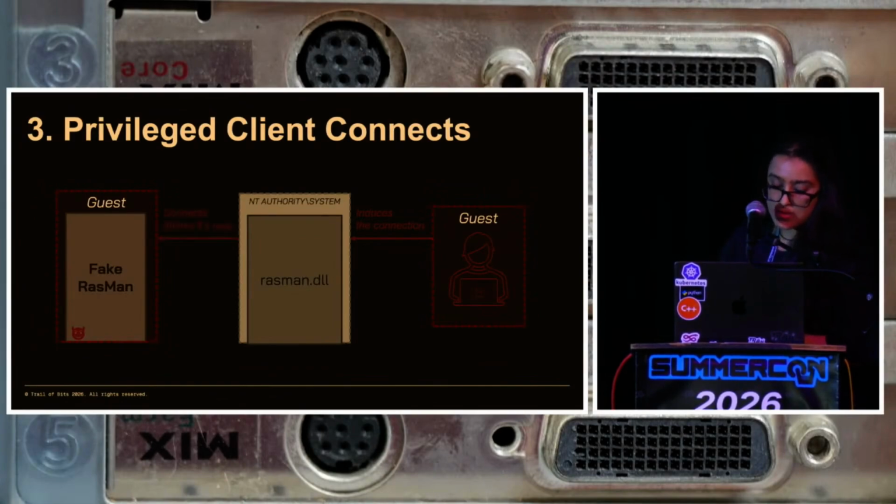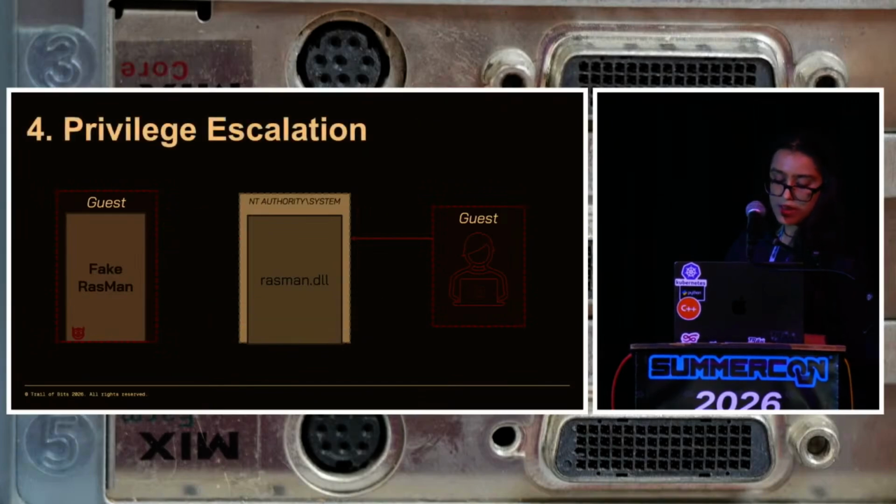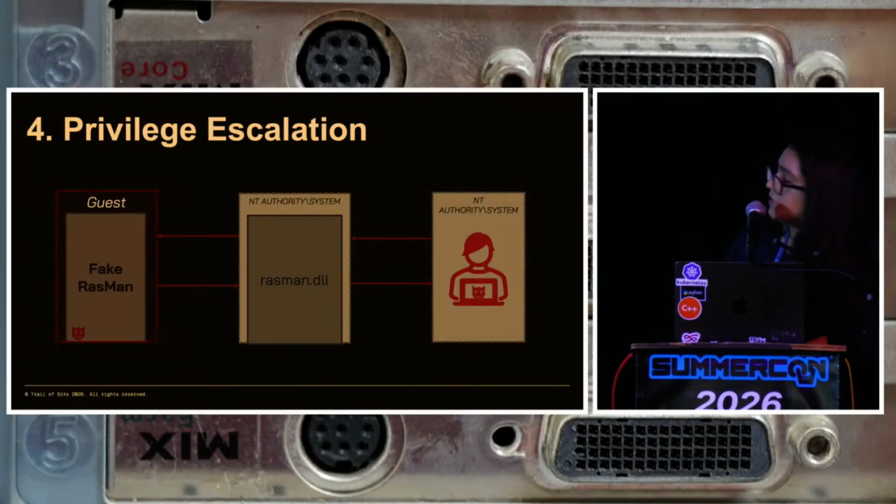And then that client thinks it's the actual RasMan server and that it's actually running as system, but it doesn't do appropriate checks, so it connects to it anyway, and that's CVE-2025-59230. And then after that, you can make a series of calls and get privilege escalation, ideally.